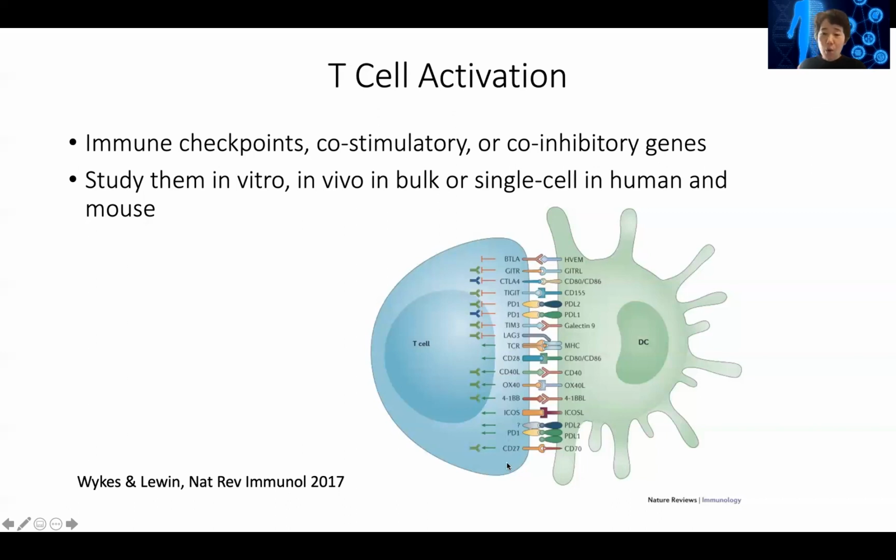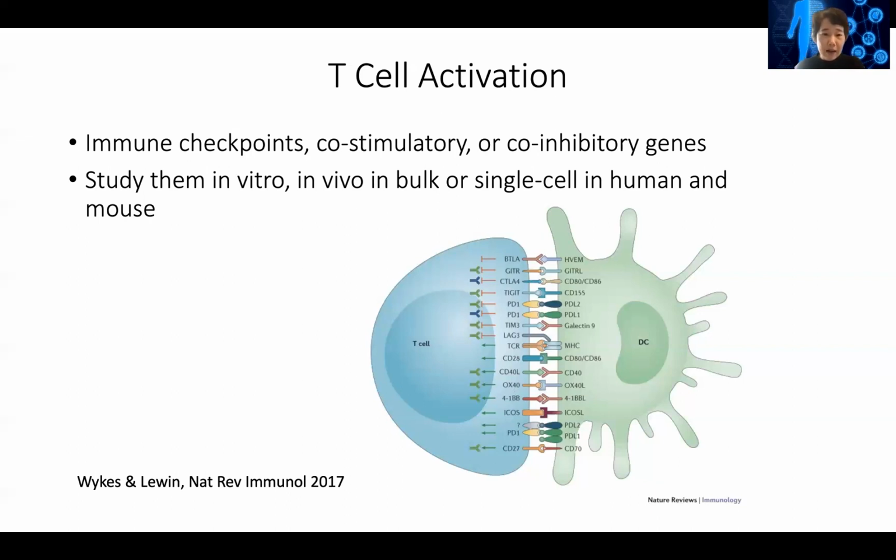And so over the years, people have been trying to develop antibodies that, for example, block this action in order to block those co-inhibitory or inhibitory molecules. And some people also develop antibodies against these molecules as agonists to help stimulate them, so that the T cells can be activated.